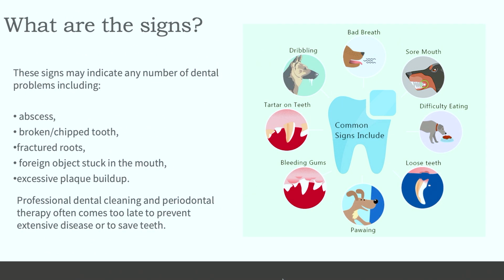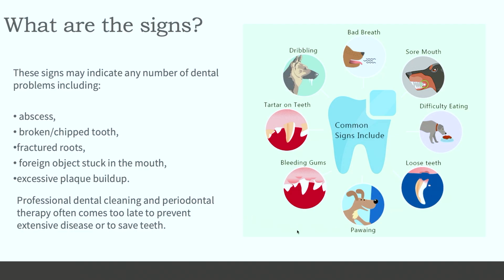So what are the signs of a periodontal issue? These signs may indicate any number of dental problems, including abscesses, broken or chipped teeth, fractured roots. You could have a foreign object that's stuck in the mouth, or just excess plaque or buildup.